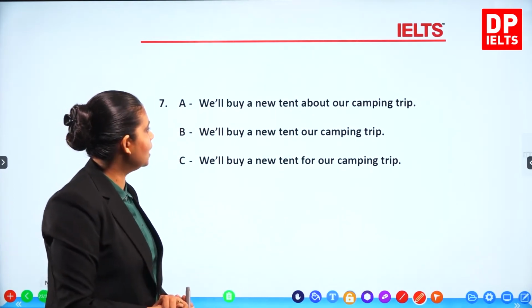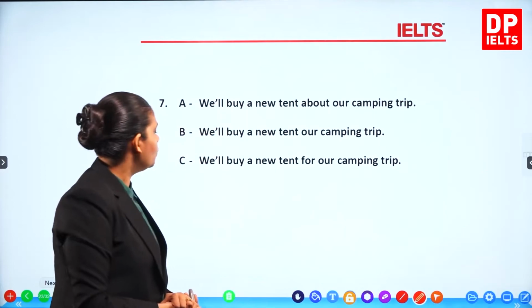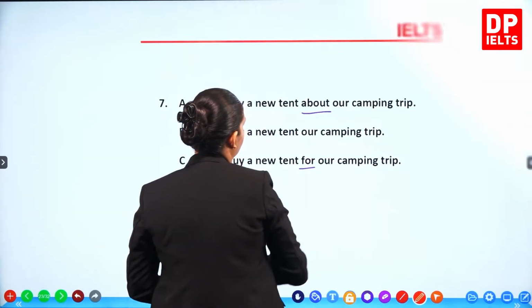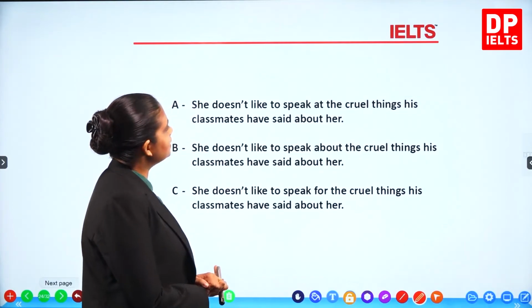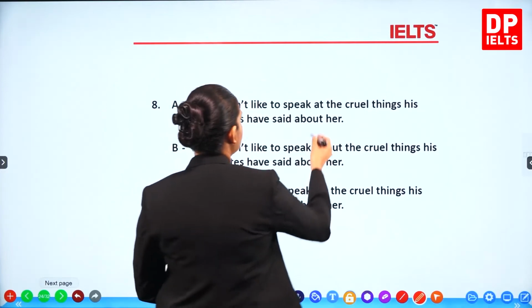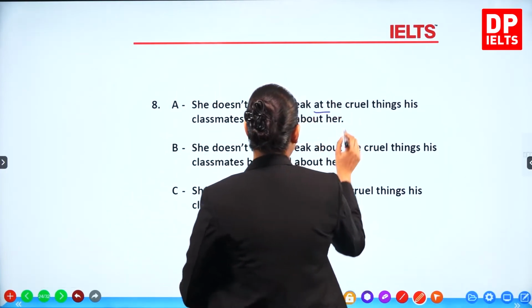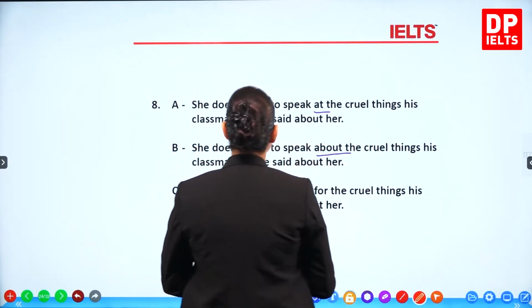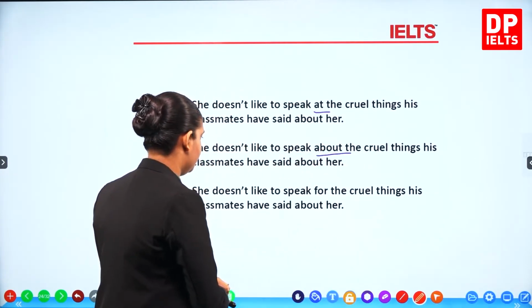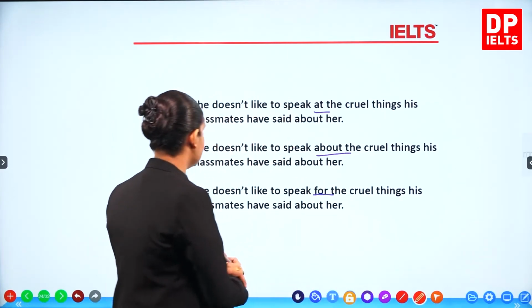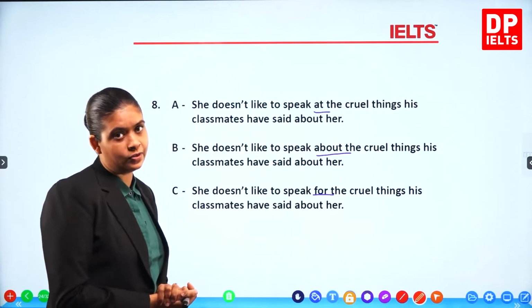We'll buy a new tent, our camping trip. We'll buy a new tent for our camping trip. Number 8. She doesn't like to speak at the cruel things his classmates have said about her. She doesn't like to speak about the cruel things his classmates have said about her. She doesn't like to speak for the cruel things his classmates have said about her.